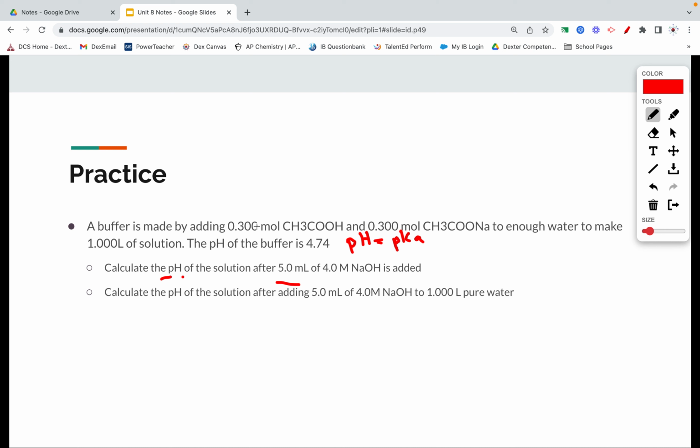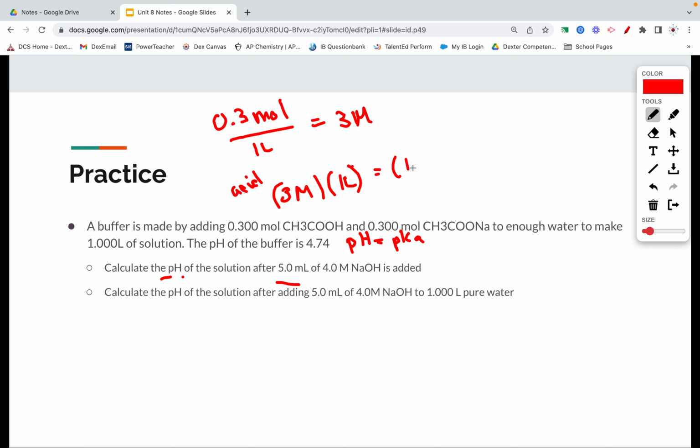So we have to start with a dilution. Remember, if we have 0.3 moles per 1 liter, it's 0.3 molar. So we dilute 1 liter of the acid, and our new volume is 1.005 liters because we added 5 milliliters.